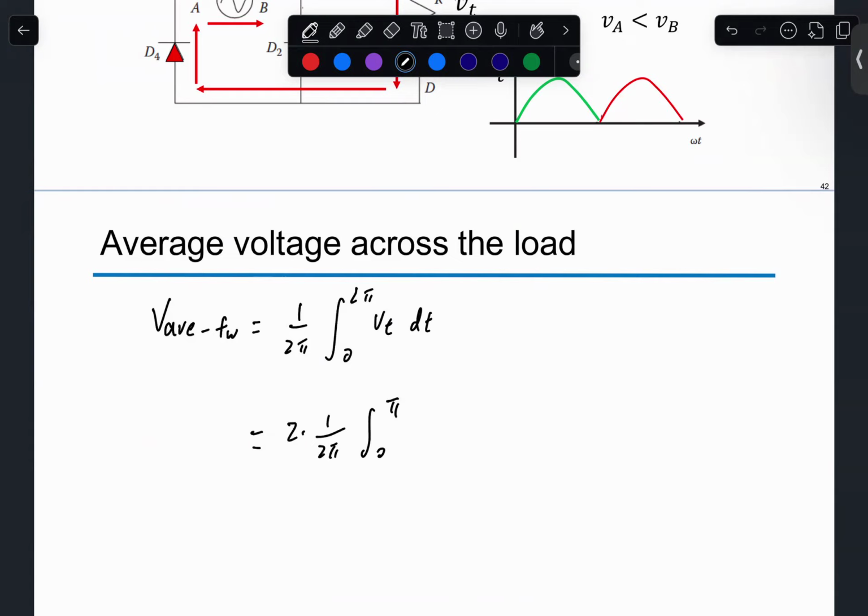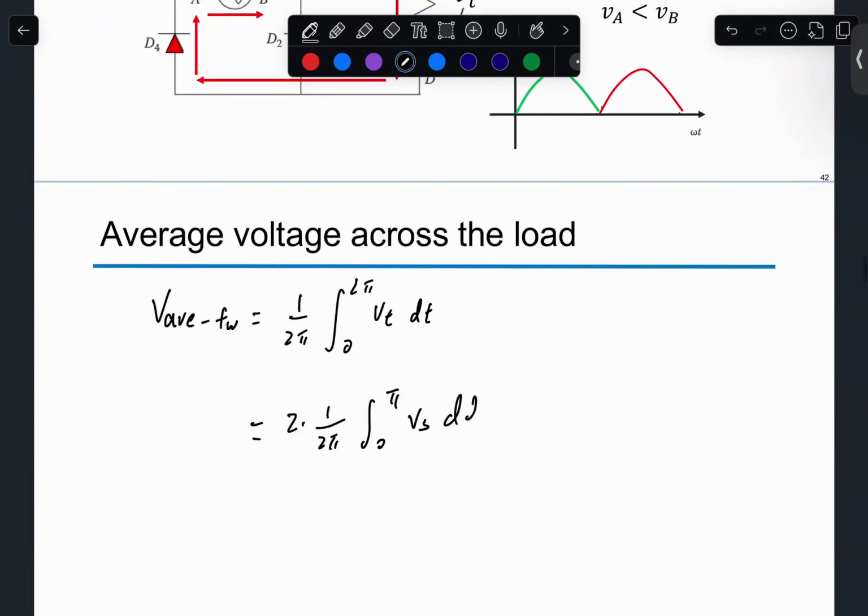So instead of integrating the source from 0 to 2 pi, we're now integrating the source from 0 to pi, and we just double this because we get this waveform twice.